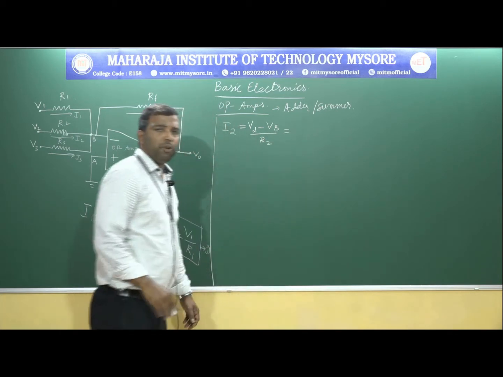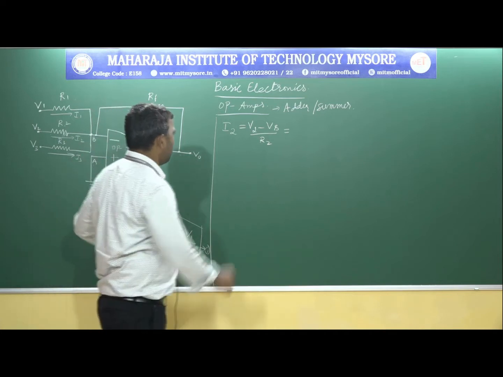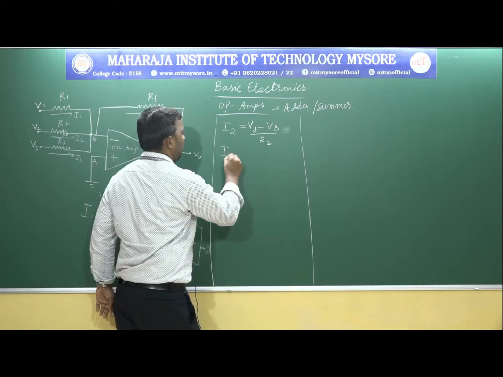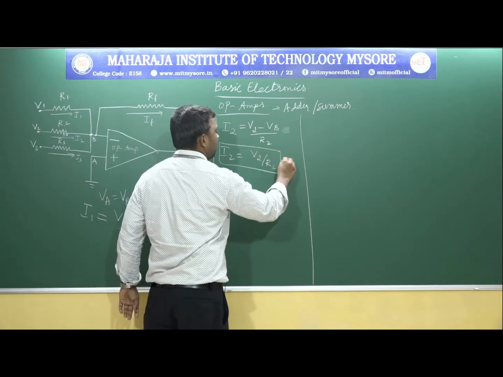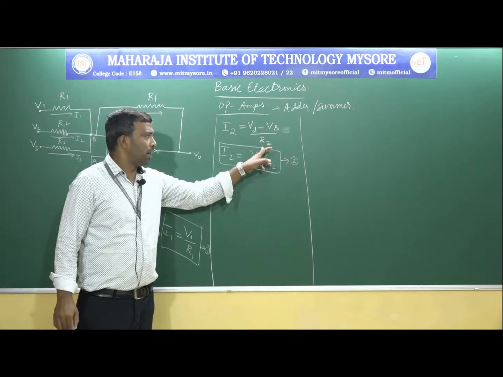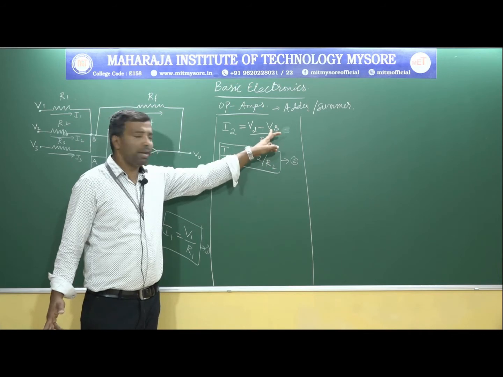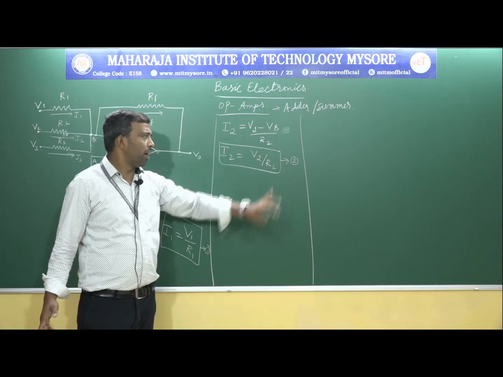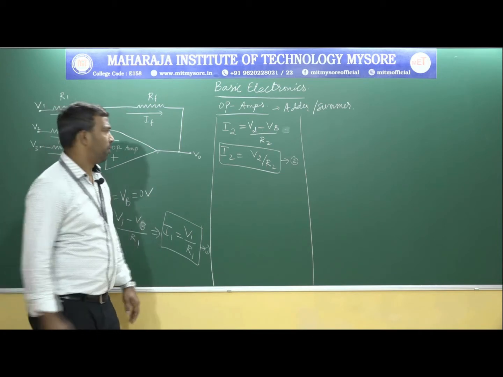VB is 0 from the virtual ground property, so I2 equals V2 by R2. I will call this expression number 2.